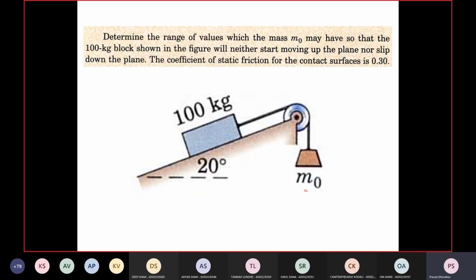So the normal reaction will be this one, and impending motion is up the plane.